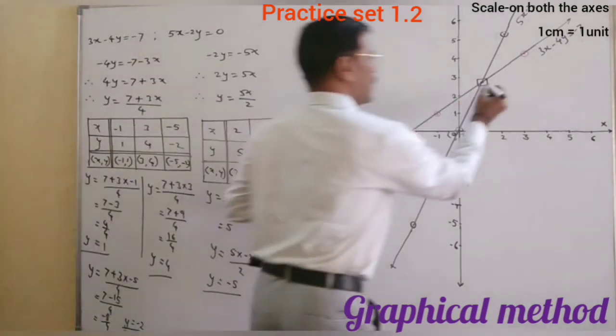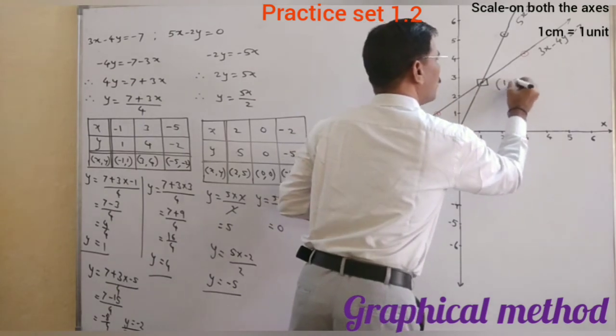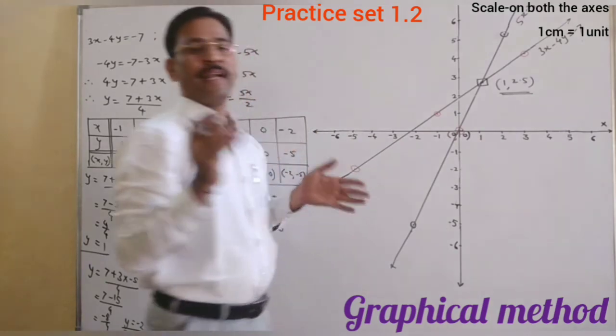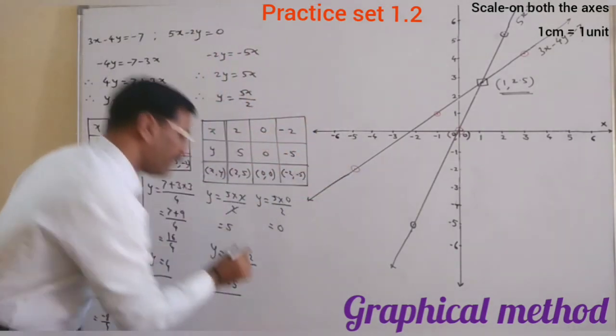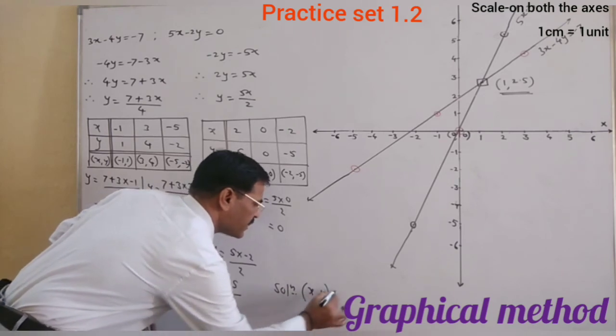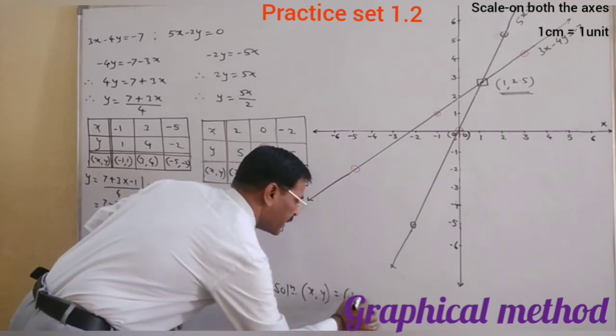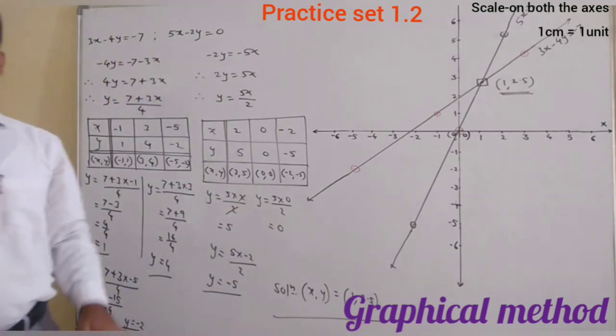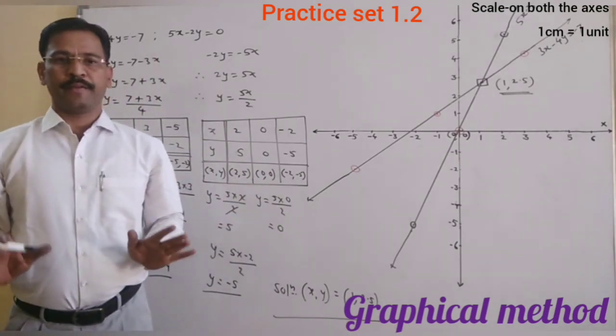So the answer is 1 and 2.5. Okay, on graph paper you can understand exactly how it is. Write this as the first solution. Understand friends? It is very simple and it is one of the very interesting points. See here, 1 and 2.5 friends. Understand? Okay.